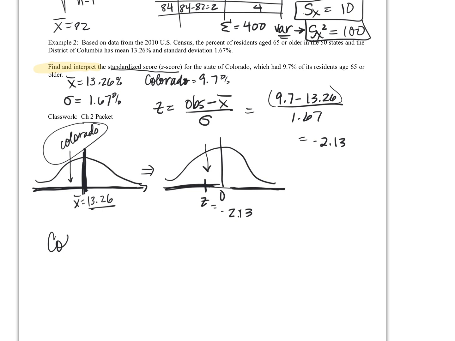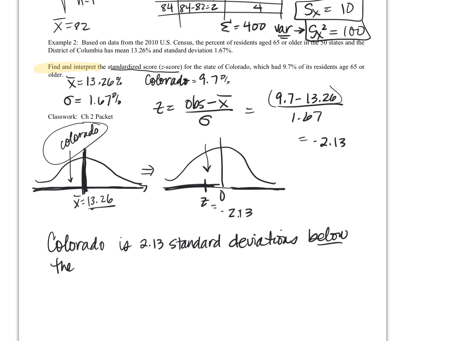We would say Colorado is 2.13 standard deviations... It's like we changed our unit from percent to standard deviations. 2.13 standard deviations below the mean of 13.26%. That make sense? That's all z-score is.